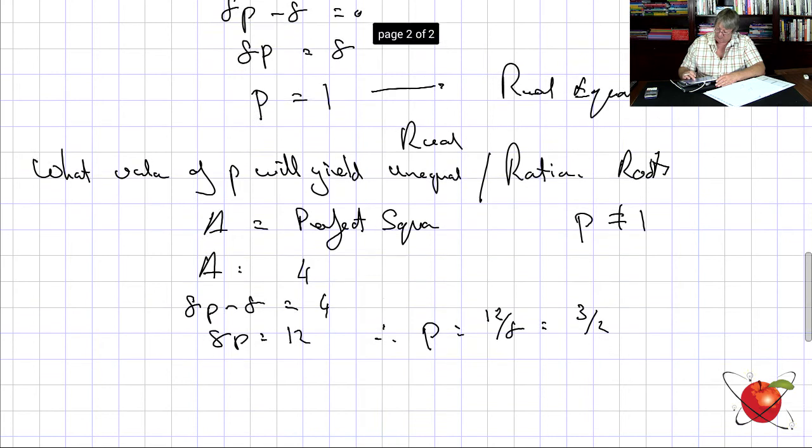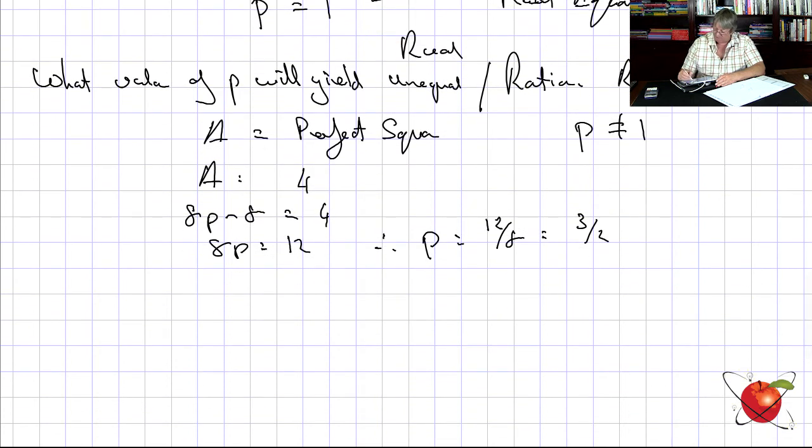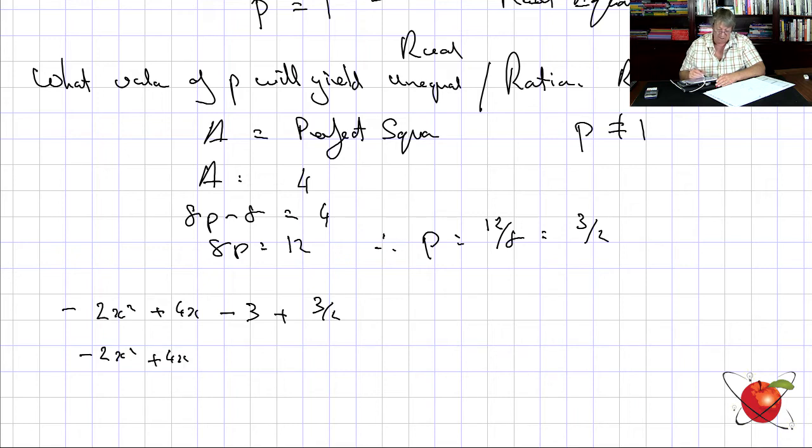Let's put in p as 3 over 2 minus 2x squared. I'm just back substituting, plus 4x minus 3 plus 3 over 2. Let's have a look. What does that mean? It's minus 2x squared plus 4x minus 1.5.